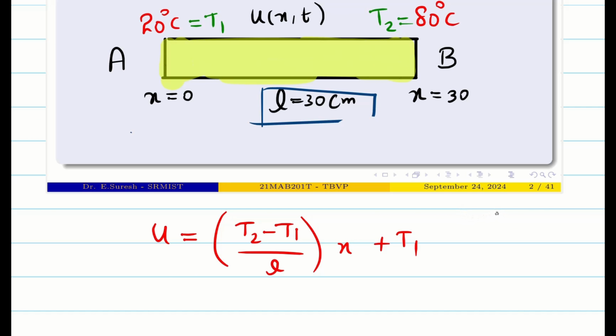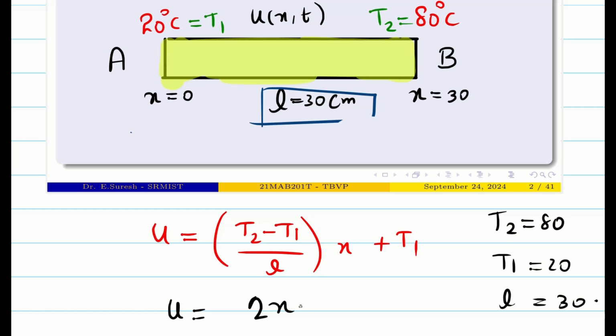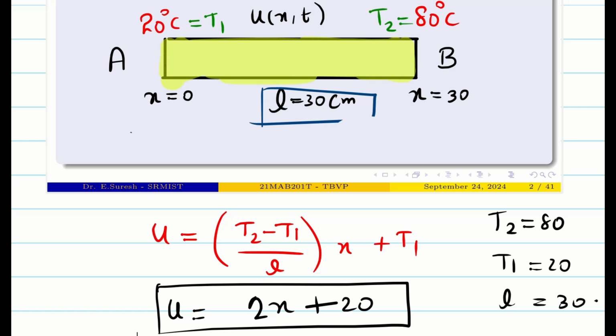From the figure, it is very clear that my T2 is 80, T1 is 20, L is 30. So my u is going to be (80 minus 20) by 30, that is 2x, plus T1, which is 20. So this is my third initial condition. Now we found all three conditions from the given question.